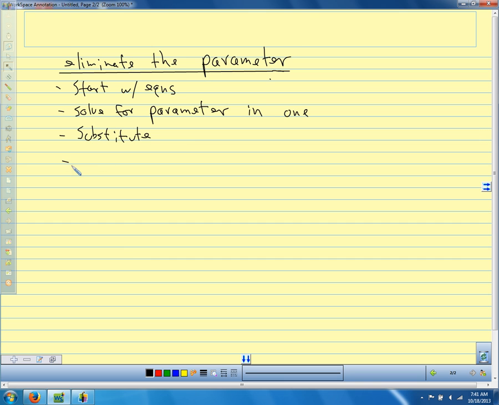And then if we're given some kind of domain for our parameter, we need to adjust our domain so that the domain of our new function matches the domain given by the parameter.